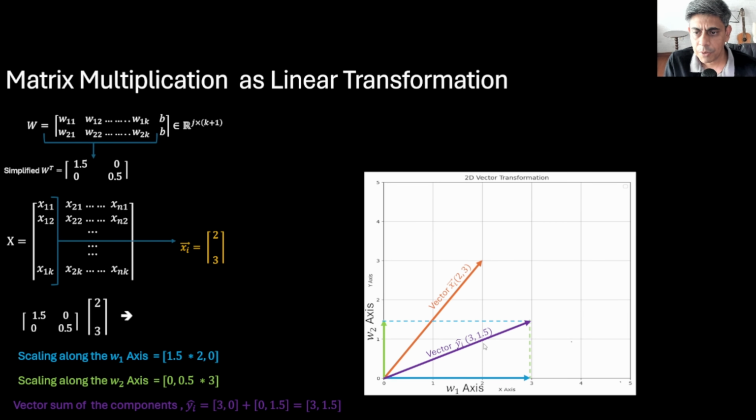So if this is our new vector, what it is telling is that this original vector x got transformed into this new vector. Therefore, a matrix multiplication is a linear transformation where it's either scaled down or scaled up, it is extended, or it is rotated, or it is reflected.